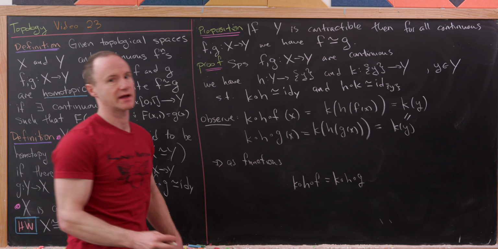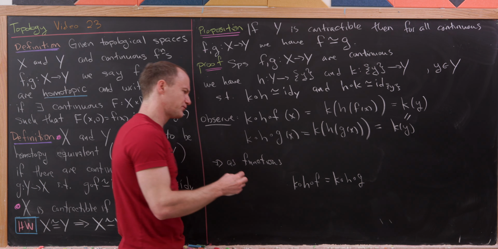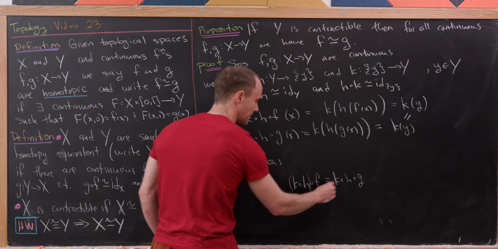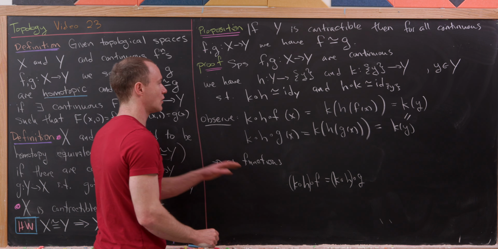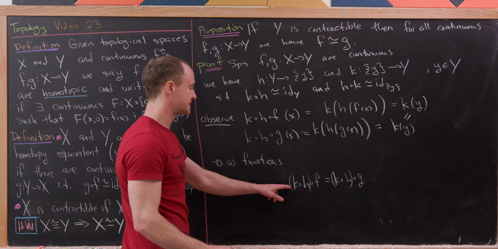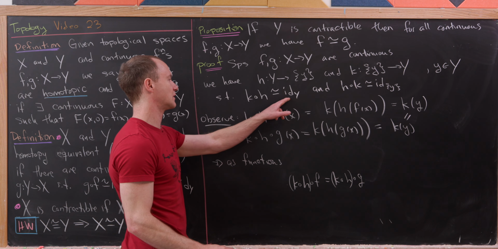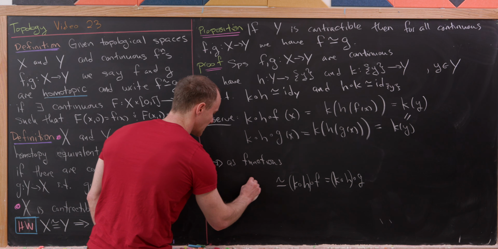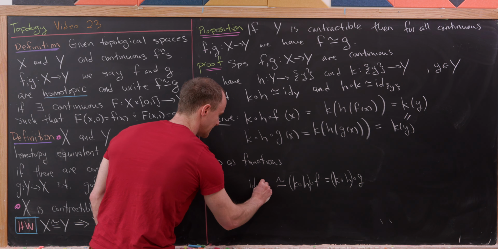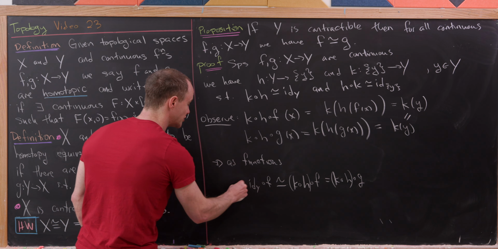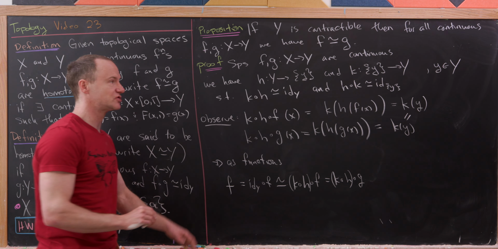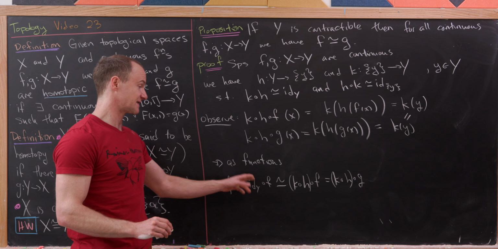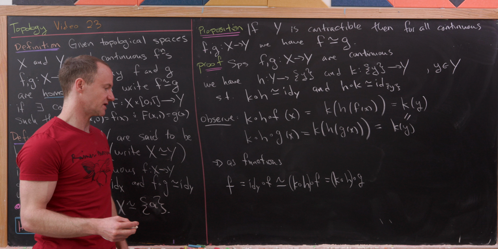Okay, nice. But now let's put parentheses maybe here and here and use the homotopy equivalence. Notice k composed with h is homotopy equivalent to the identity on Y. So that means this whole thing right here is homotopy equivalent to the identity on Y composed with f, which is equal to f, just based on the fact that that's what the identity function does.